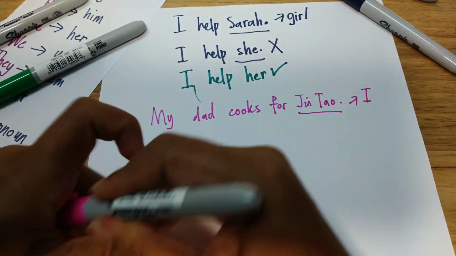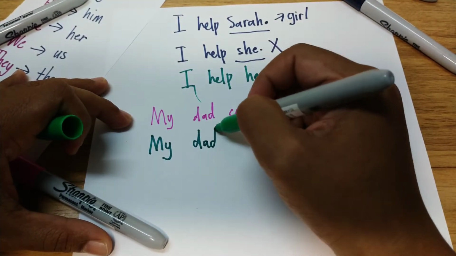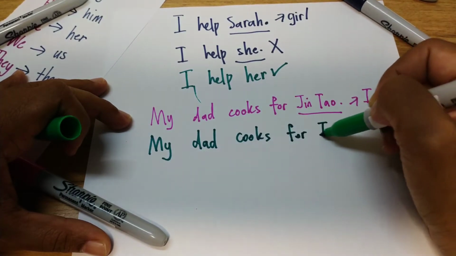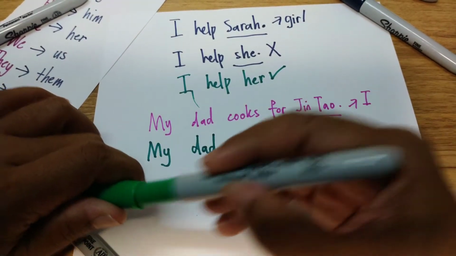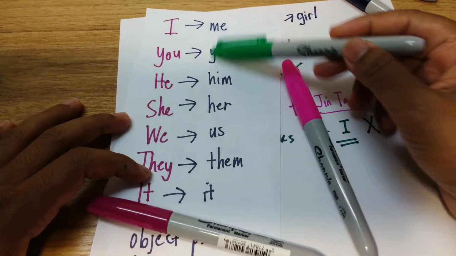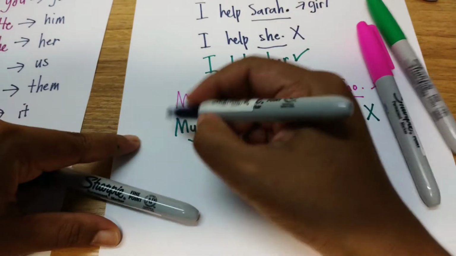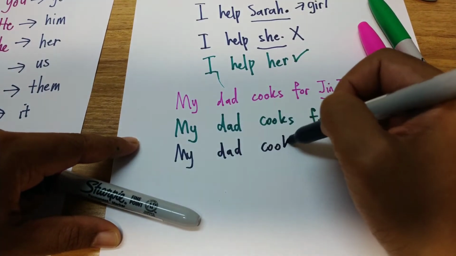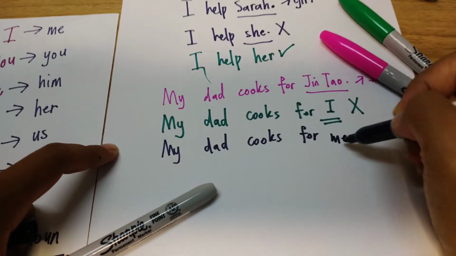You will write, my dad cooks for I. But this is wrong. You cannot use I. Why? Because this is at the end of a sentence. At the end of a sentence, you change it to this one. So the correct one is my dad cooks for me. Do you see that?